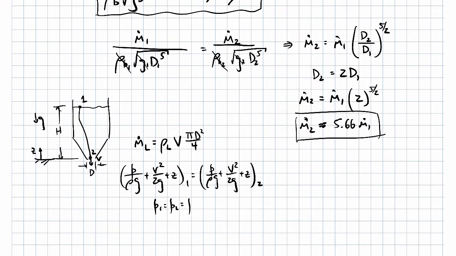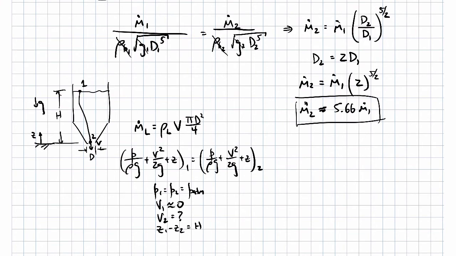They're both just atmospheric pressure, because at 2 it's just discharging into the atmosphere, so that's a free jet. Velocity at 1 is about equal to 0. We're assuming that it's a large diameter here, so that this top moves down slowly, so the kinetic energy is negligible. V2 is what we're trying to find, and Z1 minus Z2 will be equal to the height h.